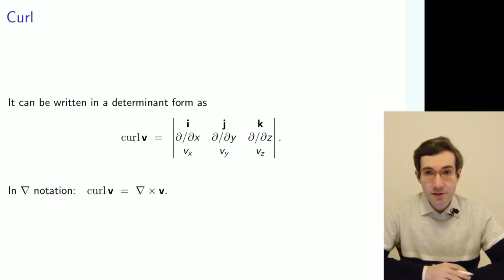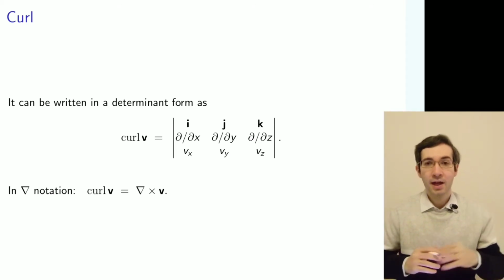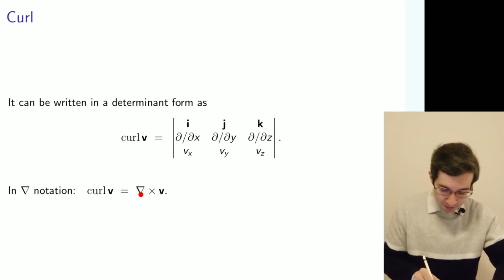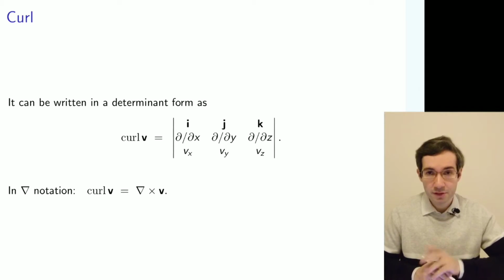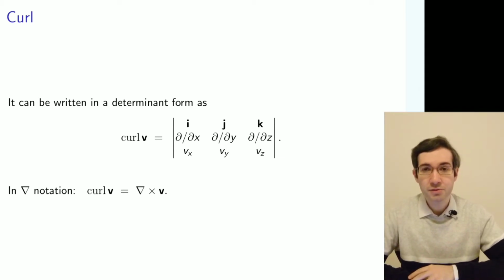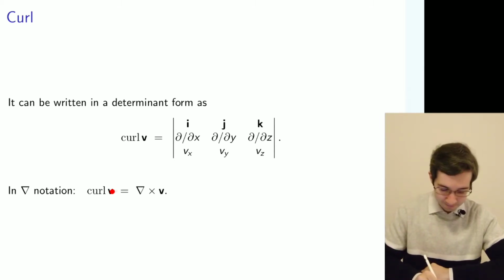And indeed, you can write it as the vector product between the nabla operator and the vector field. So that's again a very good use of the nabla operator. You've seen previously that if you take a scalar product of the nabla operator with the vector field, you get divergence. Now you have a vector product of the nabla operator and you have the curl.